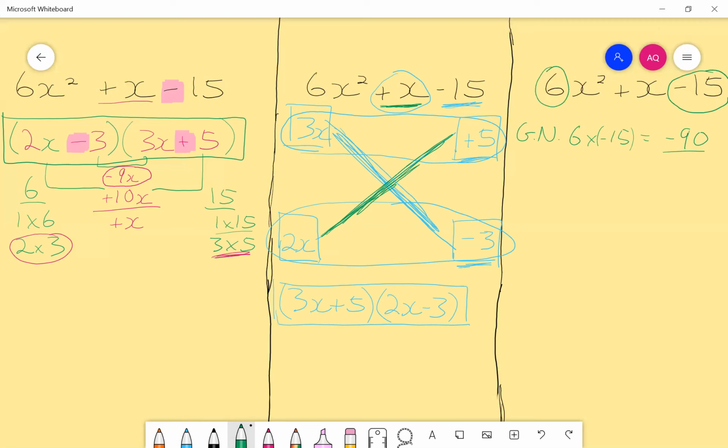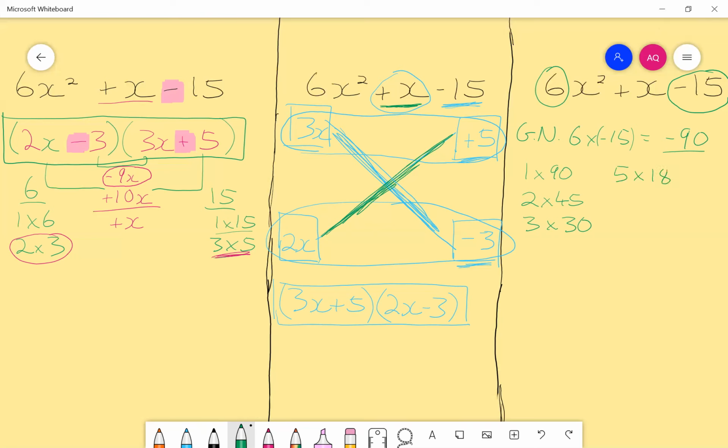So factors of 90, it's going to be quite a few. So you have 1 by 90, then let's say 2 by 45, 3 by 30. We can use a calculator if we want these. So 4 won't go in. How many times will 5 go in? So we have 5 times 18.